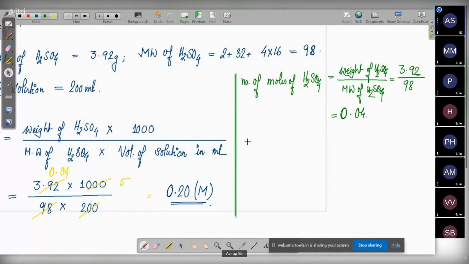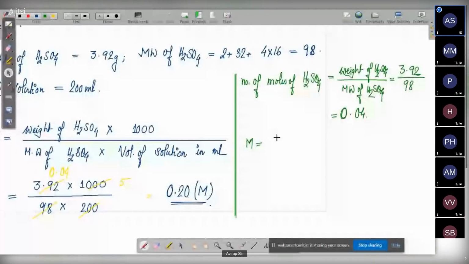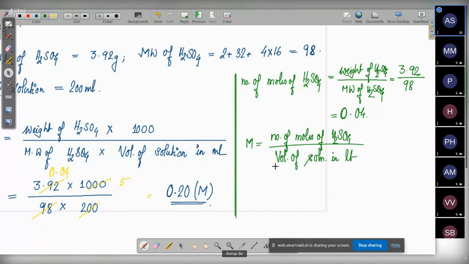And then you find the molarity by applying the first formula: number of moles divided by volume of solution in liter. So the number of moles of H2SO4 is 0.04 moles.